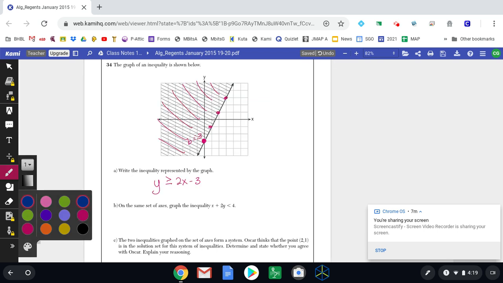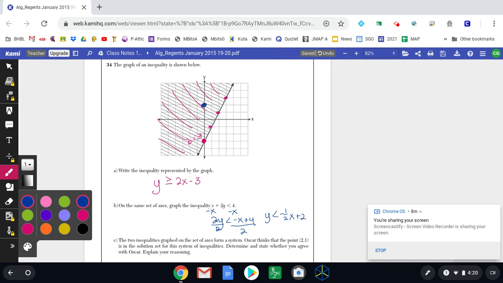Now it says in the same set of axes, graph the inequality x plus 2y is less than 4. So the first thing I want to do is get my equation solved for y. So let's divide that by 2. So y is less than negative 1/2 x plus 2. So let's graph a y-intercept of 2.